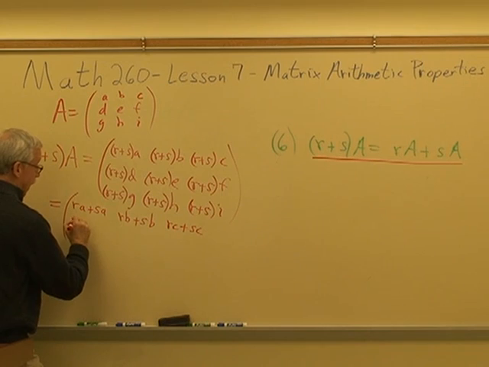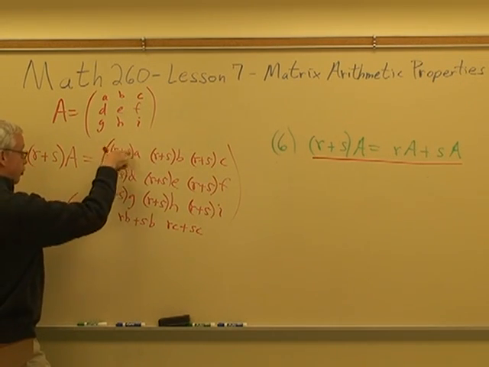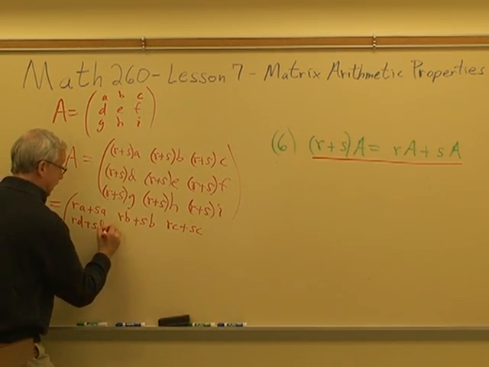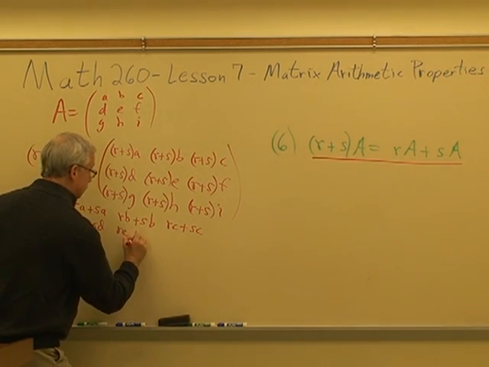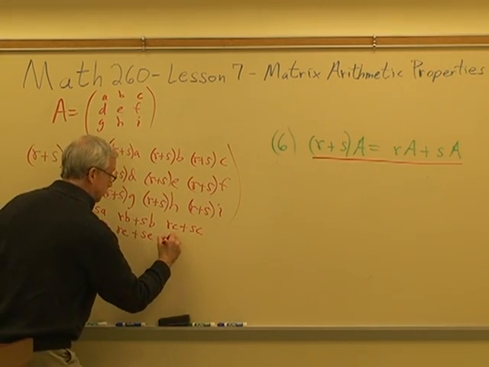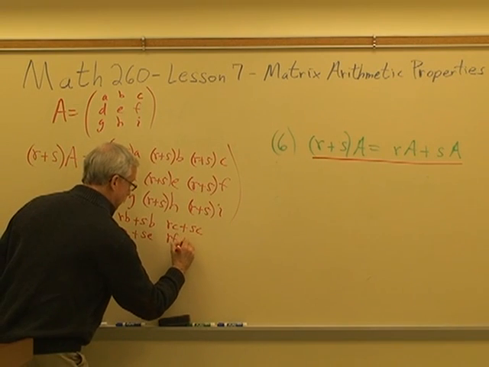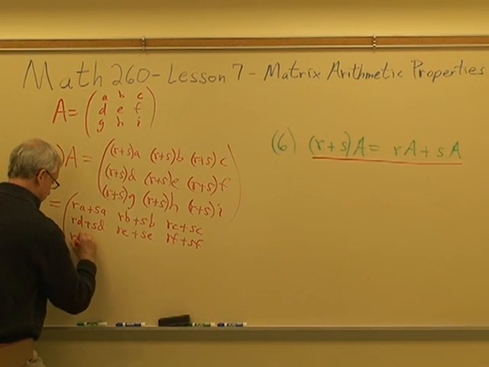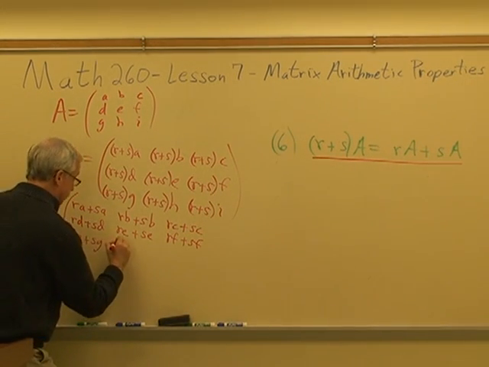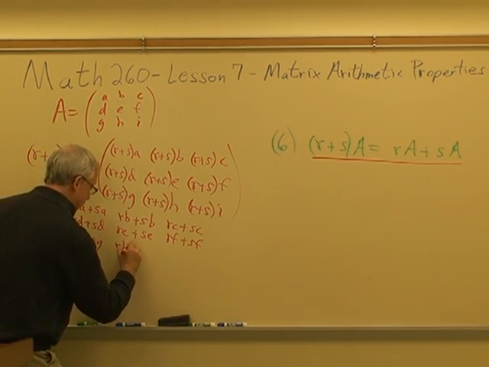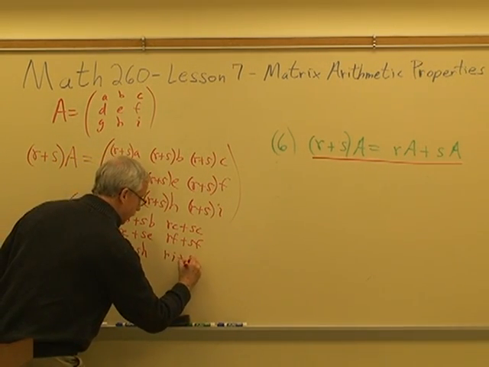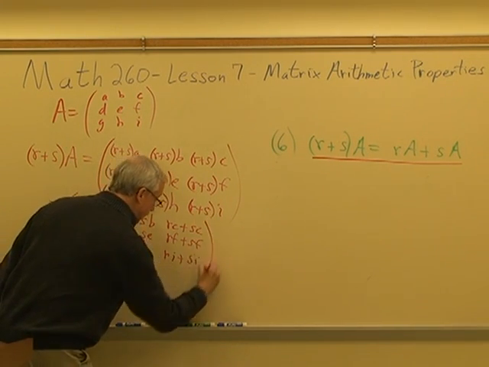This is legal because I have a distributive law in each of these cases, because I'm simply doing regular old real number arithmetic. And the last entry is ri plus si, and that ends it.